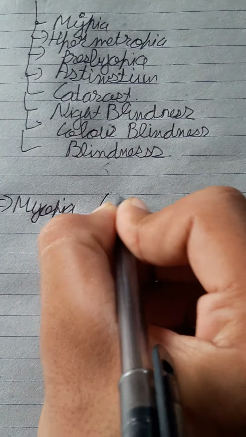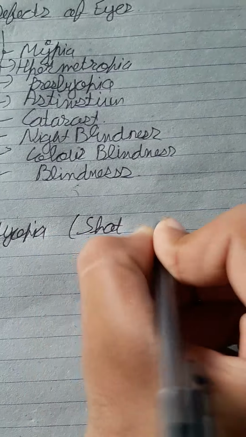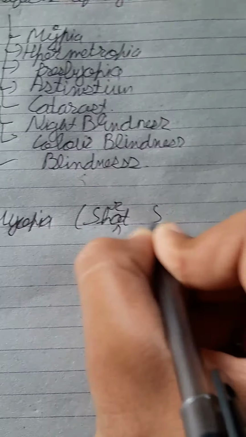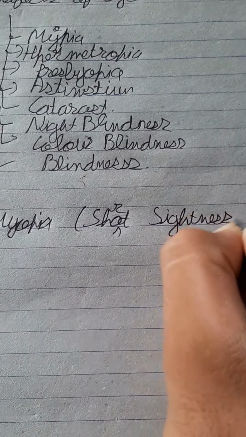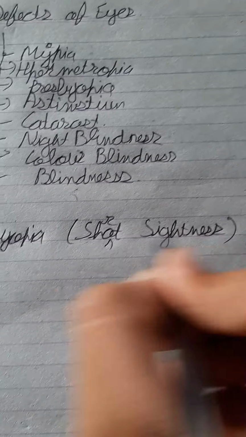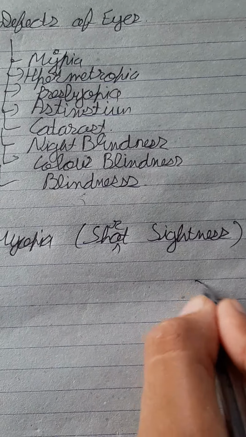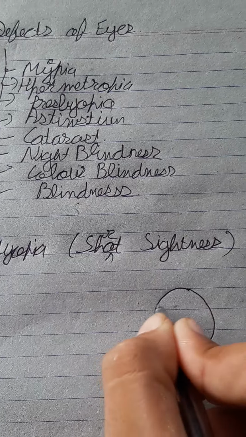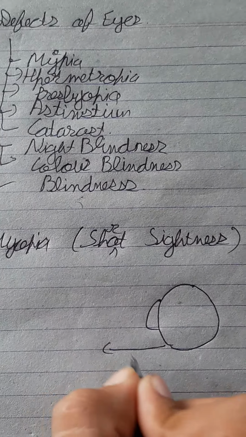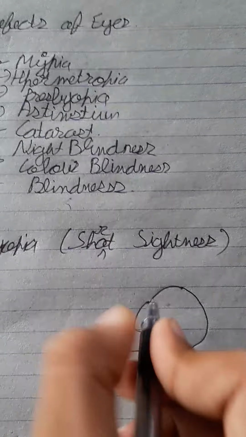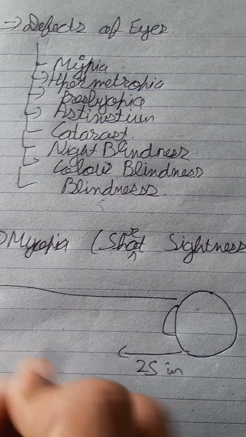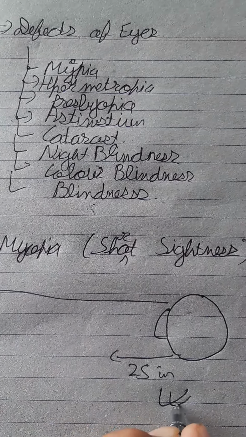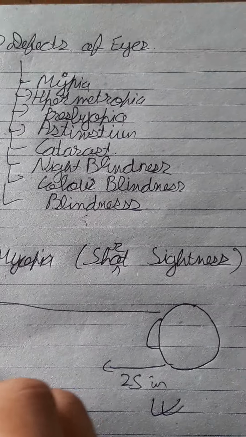So let's first learn about myopia. What is myopia? Myopia is also called short sightedness, which means the seeing sight is short. We know that in a normal human eye the near point is about 25 centimeters and the far point is at infinity. In myopia, the near point is correct but the far point is not correct.